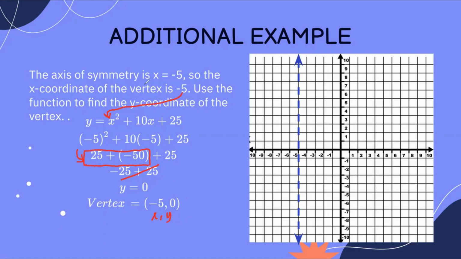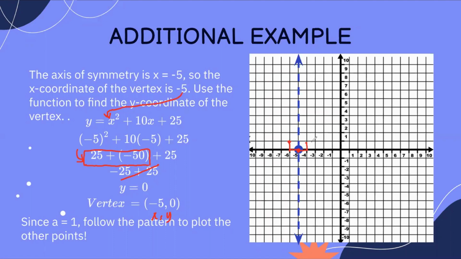Now that you've found your vertex, you can go ahead and graph it on your coordinate plane. Negative 5, 0 would be at this point right here. Once you've found your vertex, I'm going to use the same exact pattern to plot my other points. Just like the parent function, if you go 1 unit left from your vertex, you would go up 1 unit. 1 unit right from your vertex, you would go up 1 unit too.